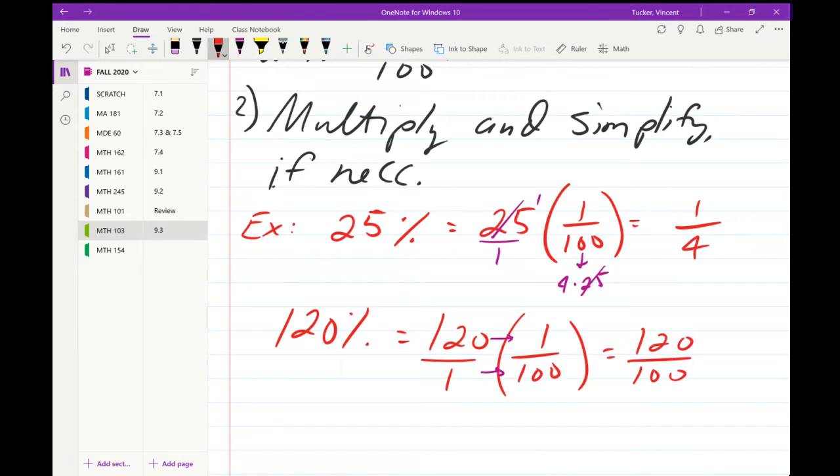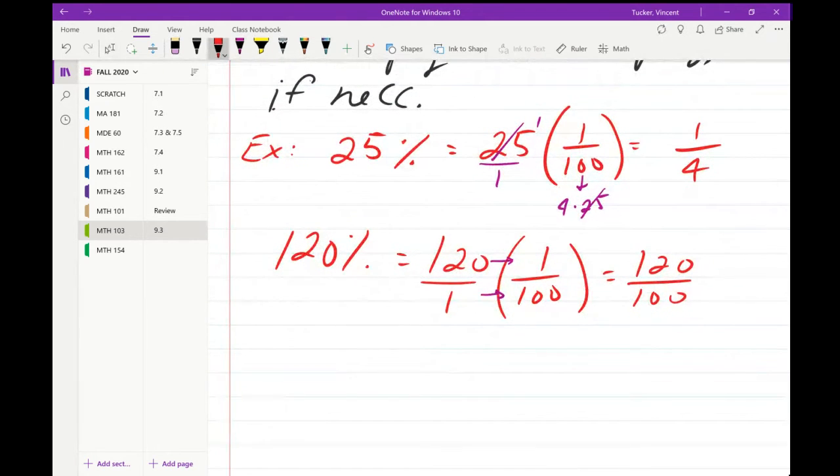I will go ahead and do the reducing. The zeros in the back, which represent tens, will cancel, leaving you with 12 over 10. It's 2 times 6, 2 times 5.